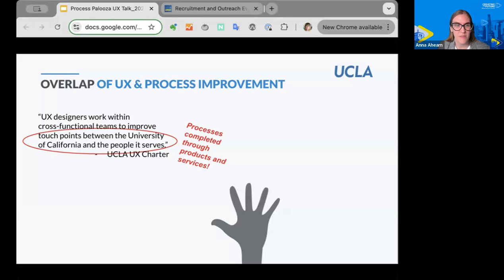Saving time filling out and reviewing forms and actions, increasing the amount of conversions in a flow, whether that's applications, travel booking, event RSVPs, student SIRs, and improving views of key information, helping veterinarians communicate their patient care plans to vet techs, helping prospective students find key program statistics, helping incoming students learn about key university resources. These are more examples to illustrate that UX designers are working to improve these interactions, touch points, or processes.